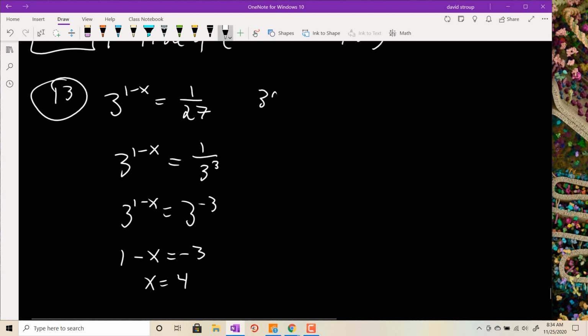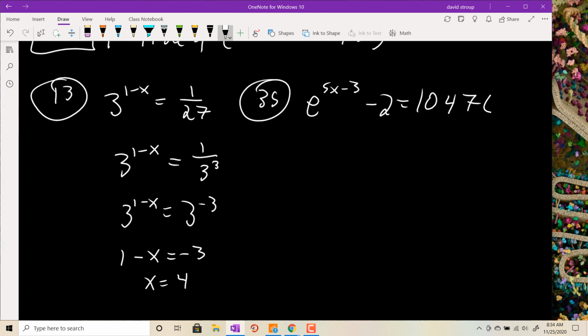So for example, 35, e to the 5x minus 3 minus 2 equals 10476. So first you want to isolate the exponential part. So move the 2 over, 10478, and then take the logarithm on both sides.